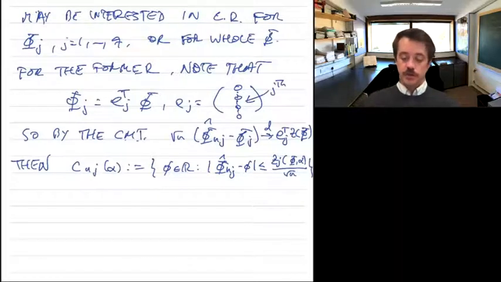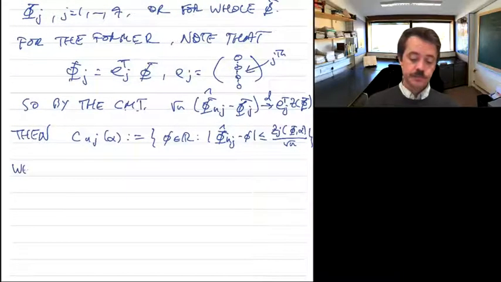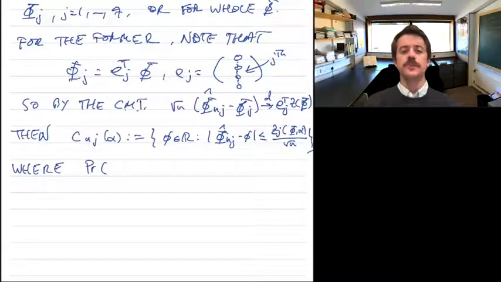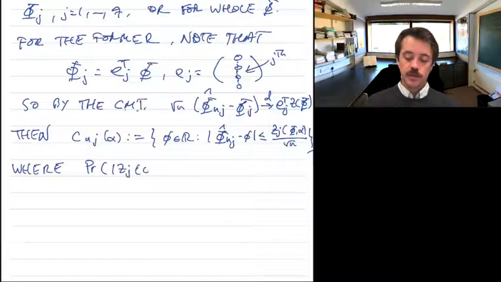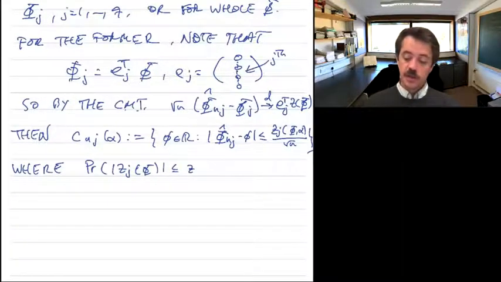Okay. So then, this guy, what we can say, let me define that Z_j we have in there, where the probability of some Z_j here being less or equal than this guy, which is non-random.